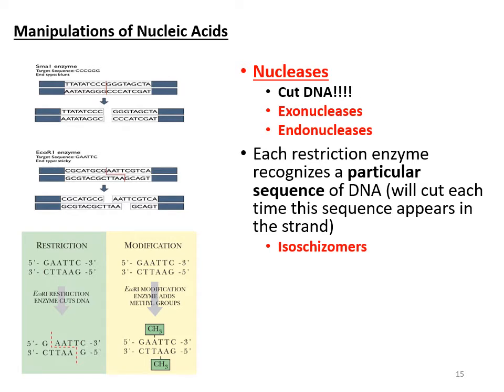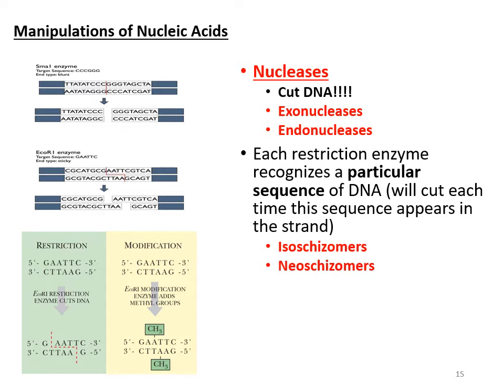Now, there are 2 terms I want you to know the difference between. Circle, star, highlight these, because these are 2 of my favorite words in the English language: isoschizomers and neoschizomers. Both are terms for nucleases, but they differ. The trick I use is to think of neoschizomers first, because neo means new.